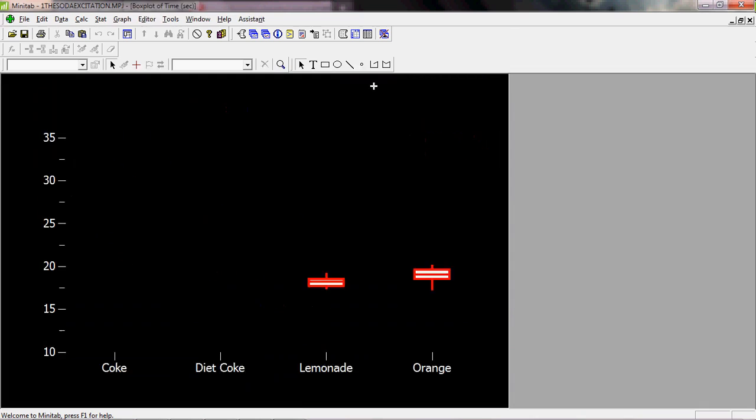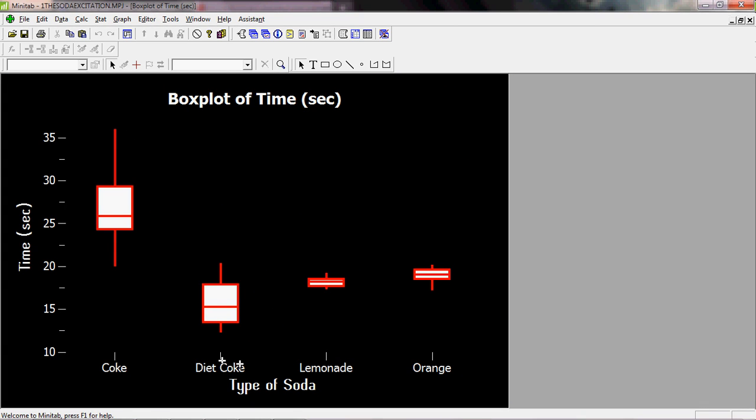If I go back to this one, you can see that there really is a difference between the Coke products and the other products. So if I was doing further investigation, or as part of my conclusions, I might say it's possible there's something different that Coke does with its products which makes them more variable in the amount that they fizz, and so we might want to run a separate experiment for Coke versus non-Coke.